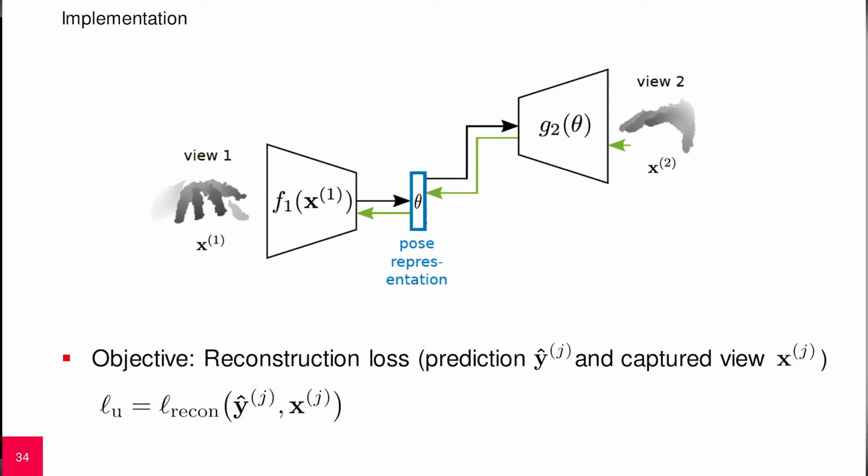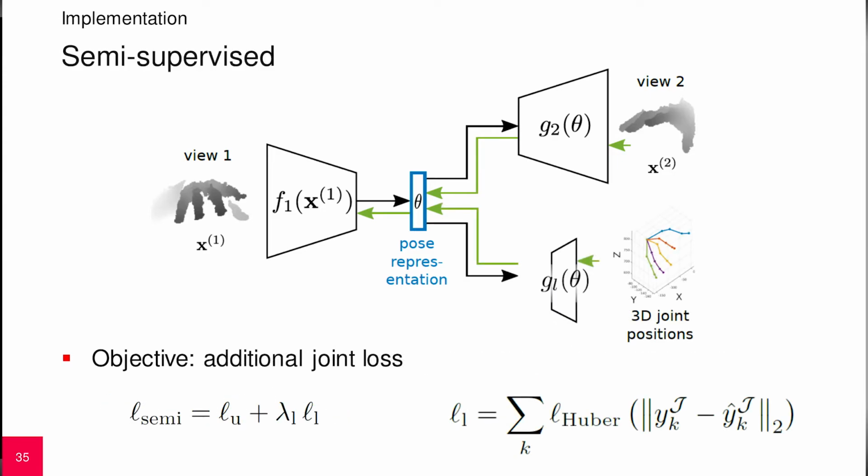But in the end, at least in our work, we wanted to exploit this to train a model for pose estimation. So the idea is that if the latent representation theta is already specific to the pose, a good pose representation, then we would only need a rather simple mapping from this pose representation to the final 3D joint positions.